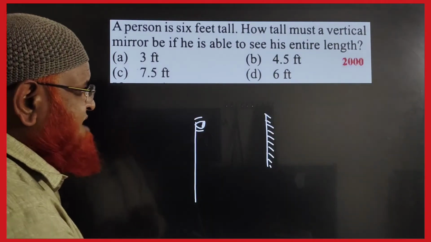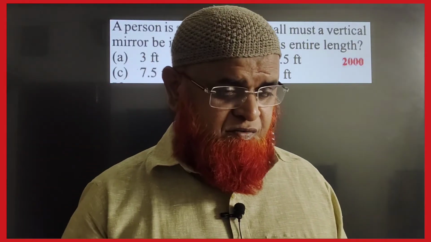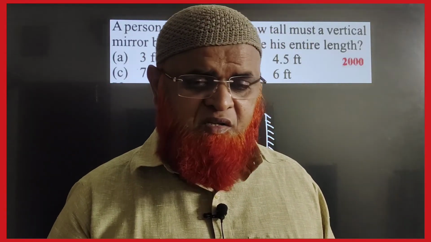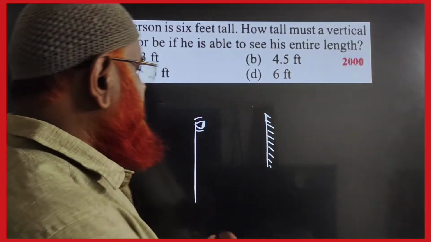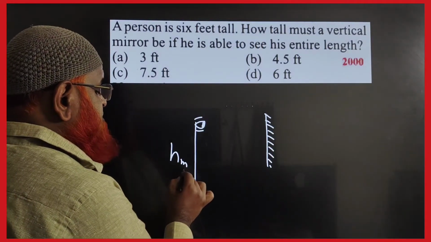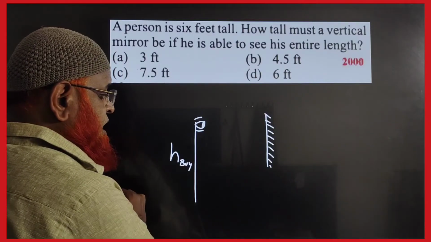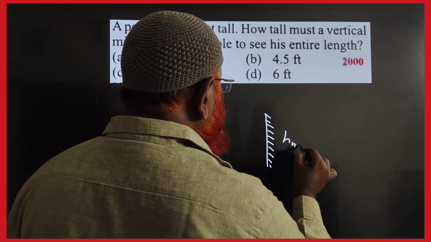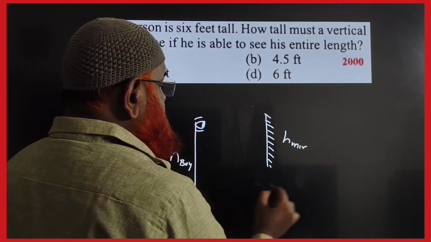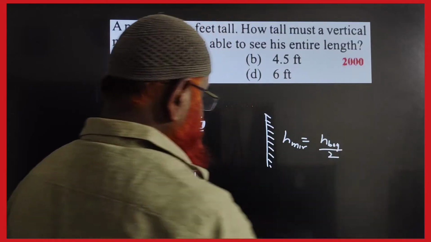So what should be the size of the mirror so that the person can see his full image? Yes, what should be its size? See, let us say the height of the boy, and this is the height of the mirror. So the height of the mirror should be the height of the boy by 2.